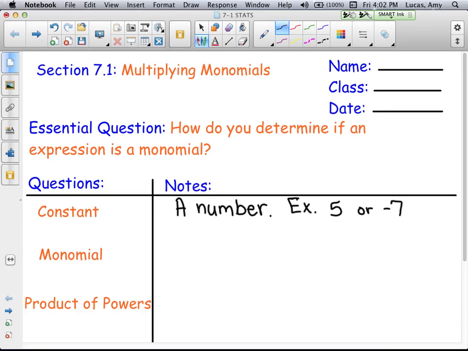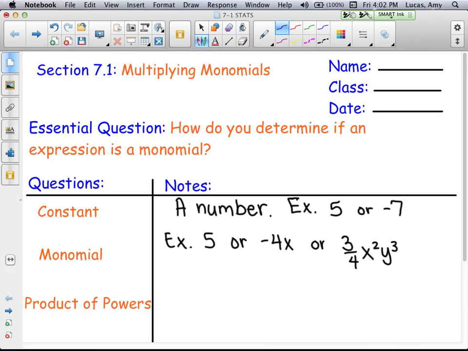A monomial, I'm going to explain what a monomial is by giving you some examples. 5 is a monomial because a monomial is one term. Another monomial could be -4x. -4x is a monomial because it's just one term. Or maybe 3/4 x squared y to the third.